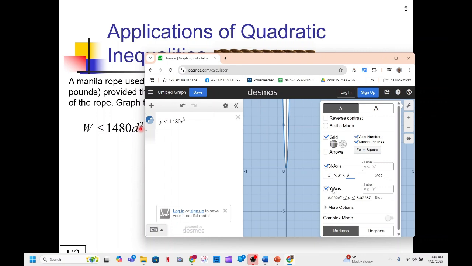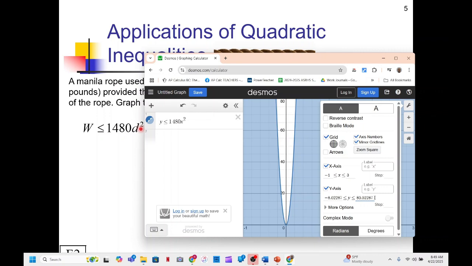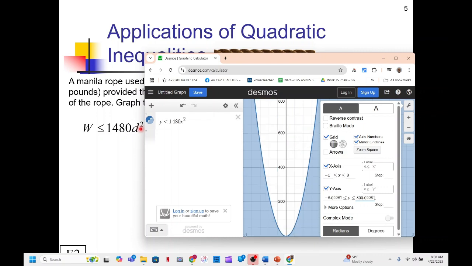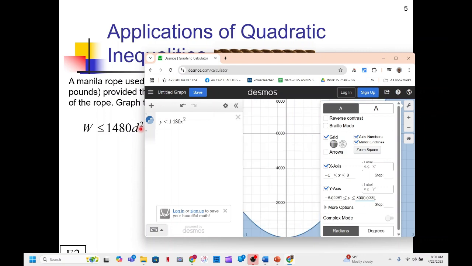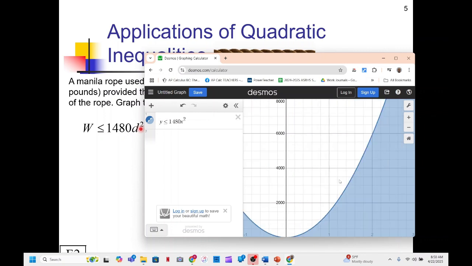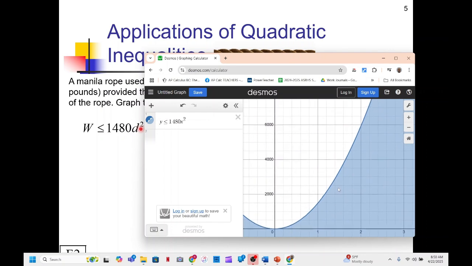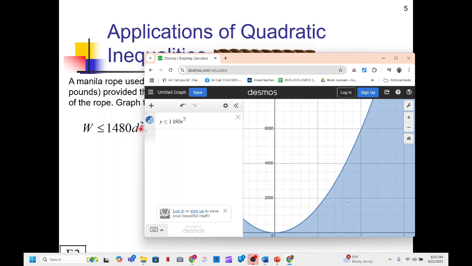Instead of going from -8 to 8, let me go from -8 to 80. Let's just increase that by a factor of 10. So now I can see a little bit better. Let me make that 800. How about 8,000? Right? So we can keep going until we have a good picture of this parabola. So this is essentially what this inequality is looking like. We have a parabola with everything underneath it shaded.